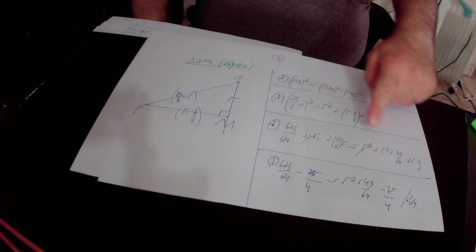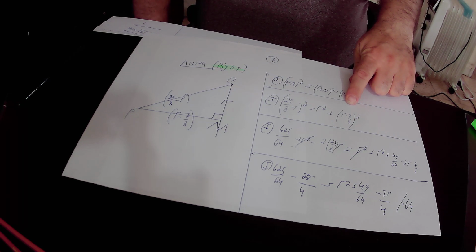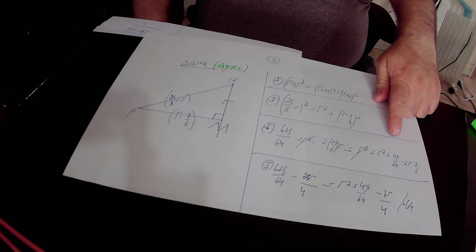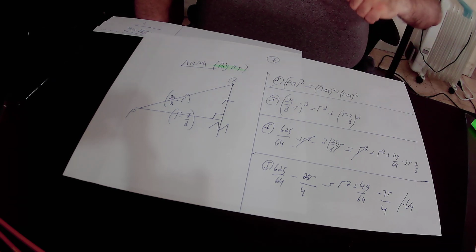So here we have r squared, and we open the brackets in (r minus 7/8) squared. It is equal to r squared plus 7/8 squared. 7/8 squared is 7 squared, that is 49, over 8 squared, that is 64. In conclusion, it is r squared plus 49 over 64 minus 2 times r times 7/8.